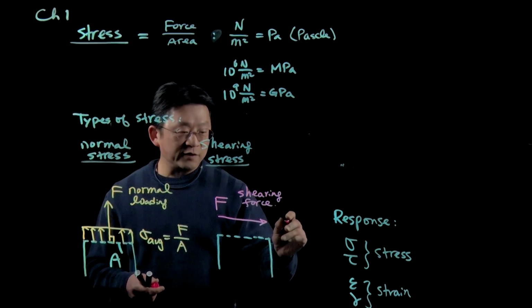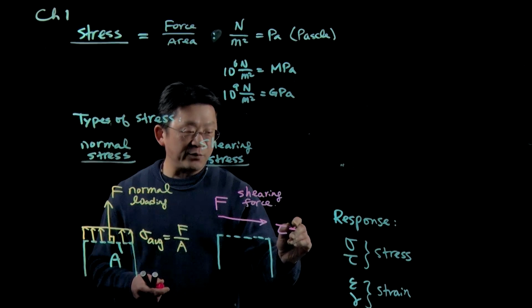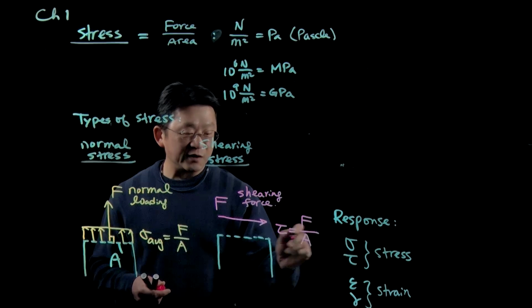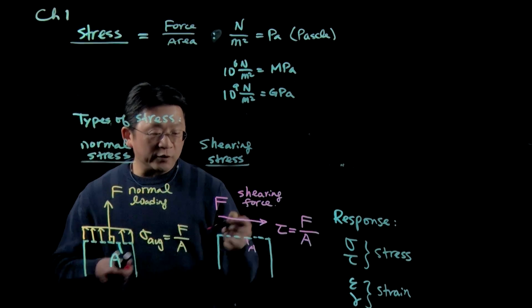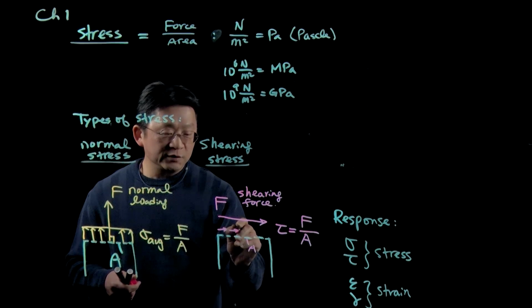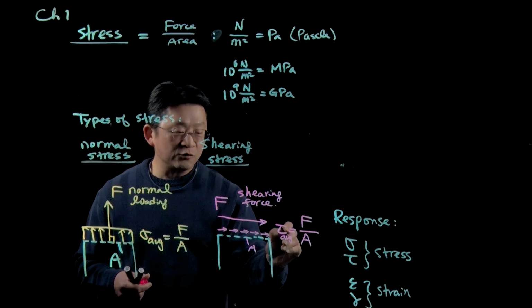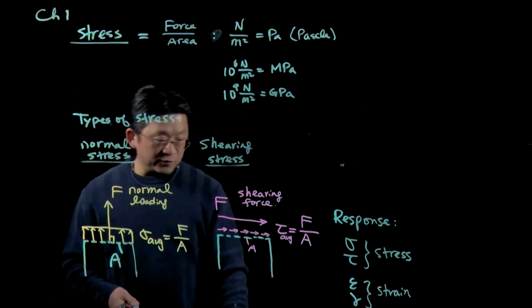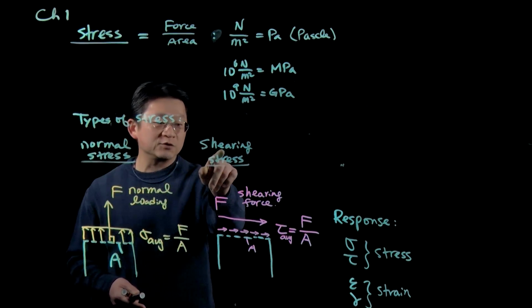We use tau as the shearing stress, and by definition it is the force divided by the cross-sectional area, again with the area A. This will induce the average shearing stress, which is parallel to this cross section in particular.